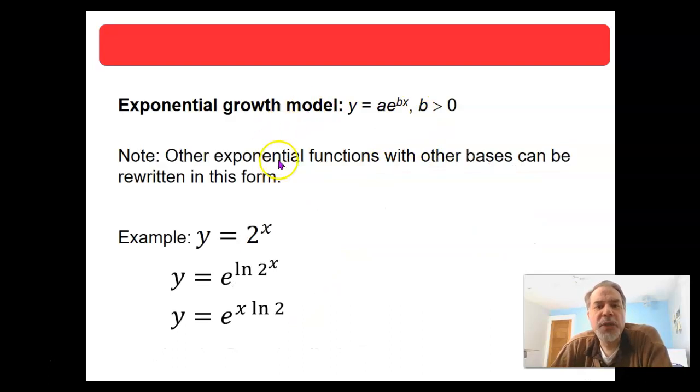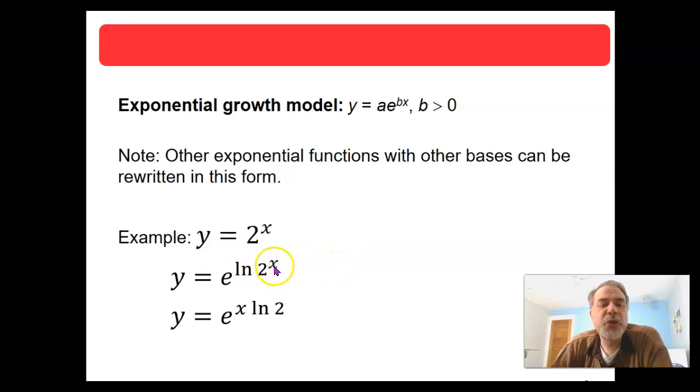Now, quick side note, other exponential functions with other bases, like instead of e to the something, if you got some other number, 2 to the something, or 3 to the something, they fall into this category as well because they can be rewritten to look exactly like this. I could take y equals 2 to the x, and that would be the same as e to the ln of 2 to the x, because e and ln undo one another.